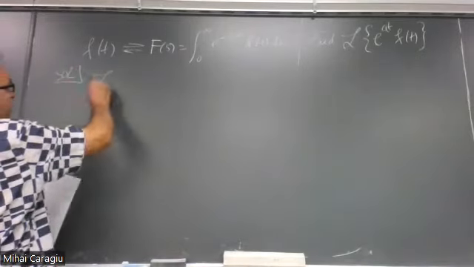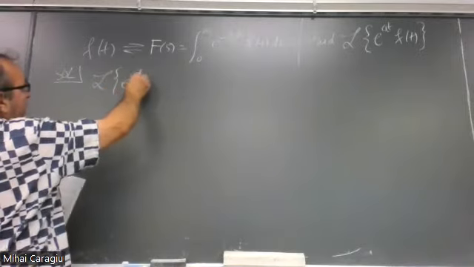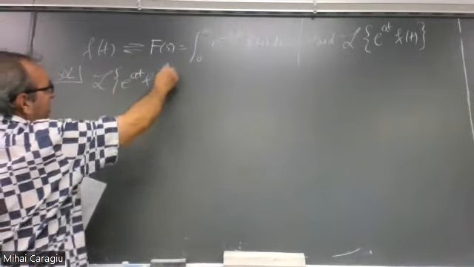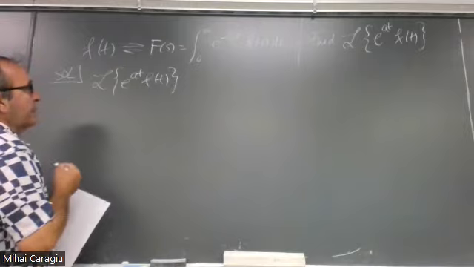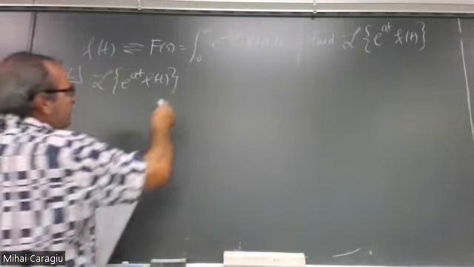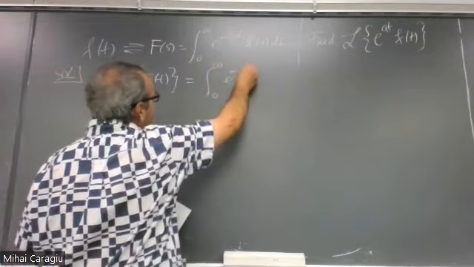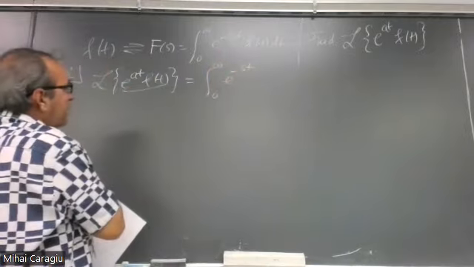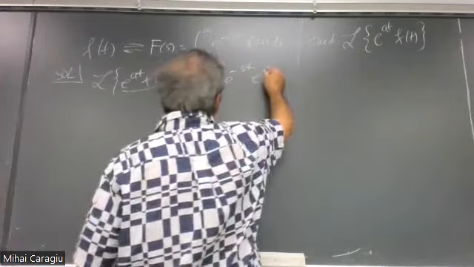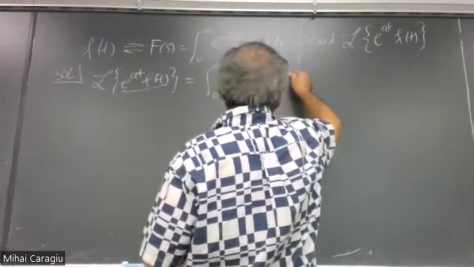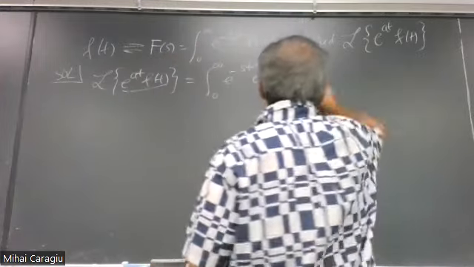So the Laplace transform of e to the power a t f of t, there's a function for which we want to do the Laplace transform. By the definition of the Laplace transform, it is the integral from 0 to infinity of e to the minus st times this function, e to the power a t, dt, which will be the integral from 0 to infinity.